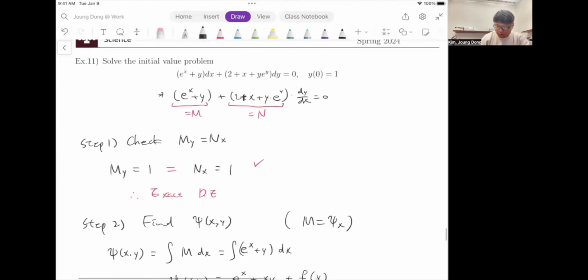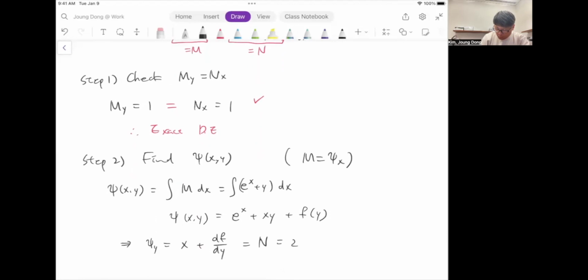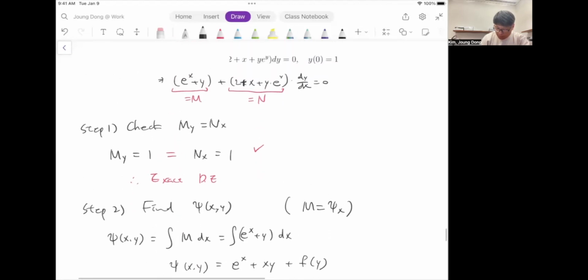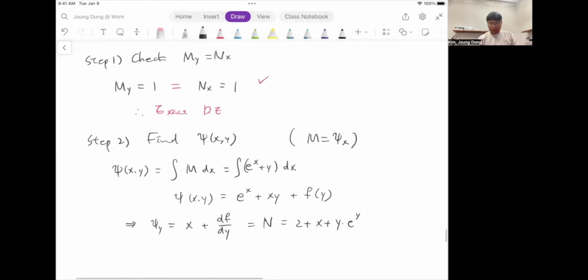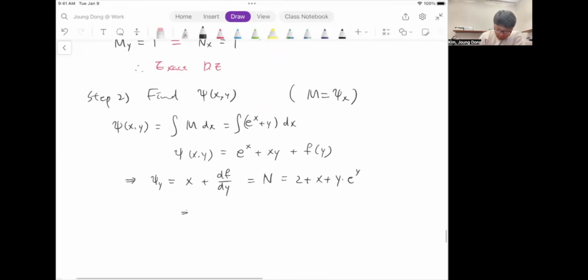There we go: 2 plus x plus y e^y. Look at your left and right hand side, okay? Both of them have the x term, it is gone. Then we can say your df/dy is equal to the remaining term, 2 plus y e^y.